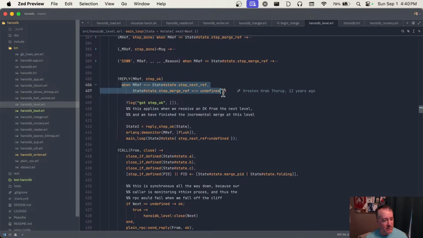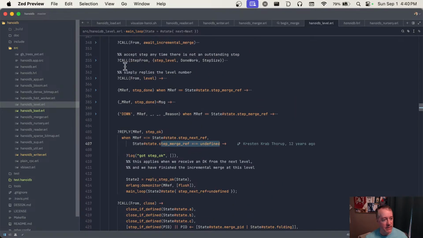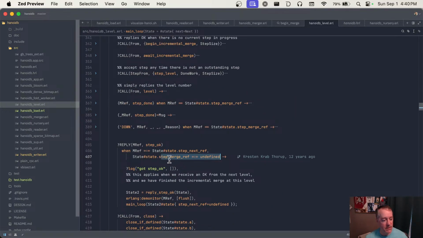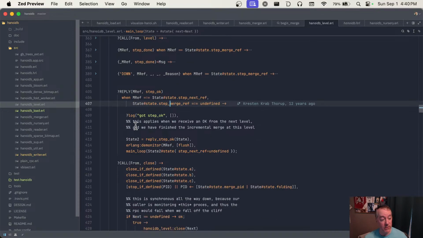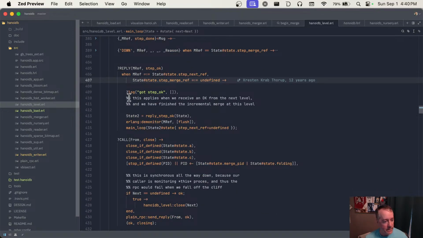But this guard clause here is basically saying we have already handled the step done message, essentially, or we're not merging our own level. Right, and it's saying reply to our caller with OK, so it's going to send step OK to whoever called it, and so forth.